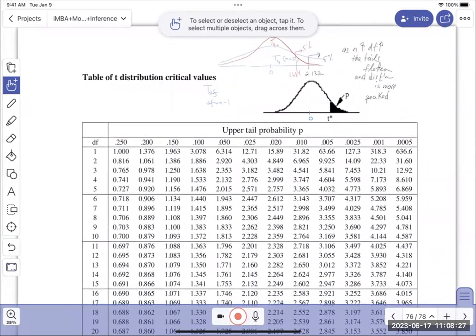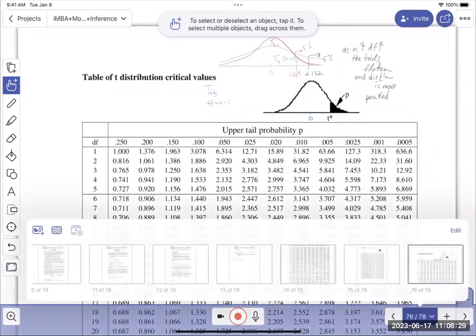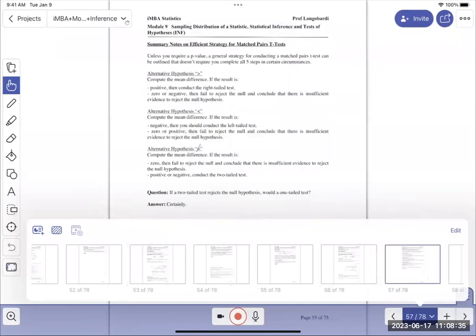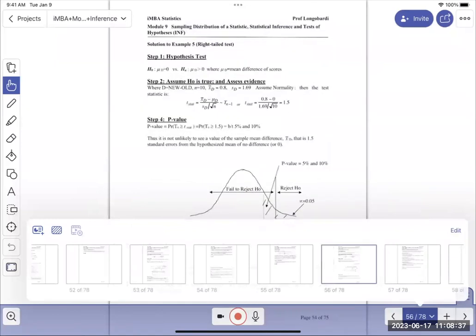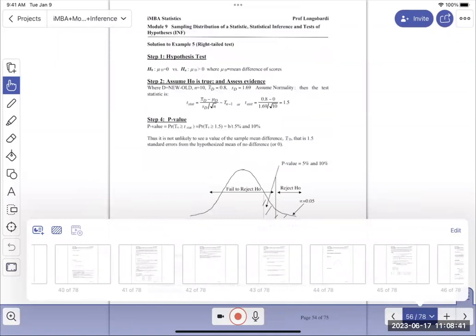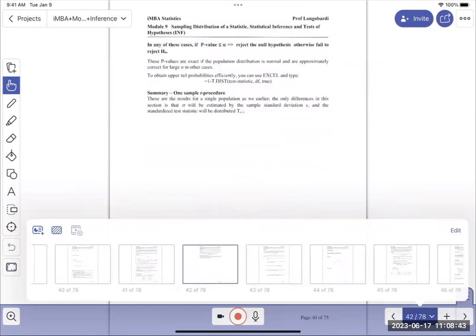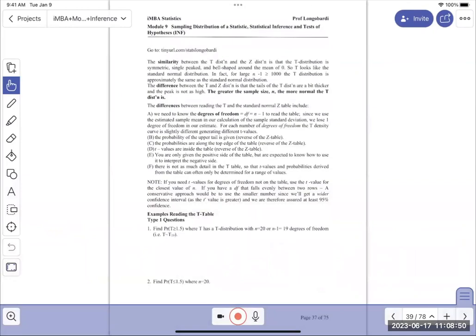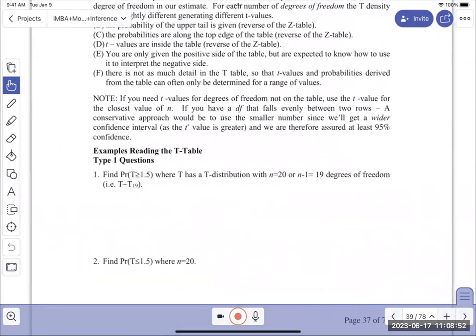So I have some exercises where I review the t distribution. I take some time to go through the differences and to talk about the notation.